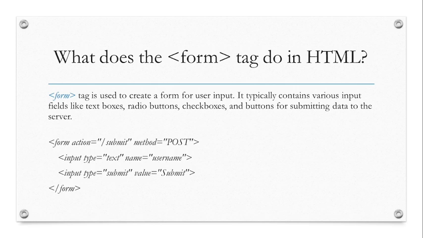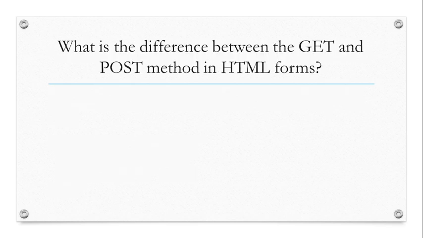The action attribute defines where the data is sent, and the method attribute defines how the data is sent. Example. Form action equals /submit method equals post. Input type equals text name equals username. Input type equals submit value equals submit. /form.